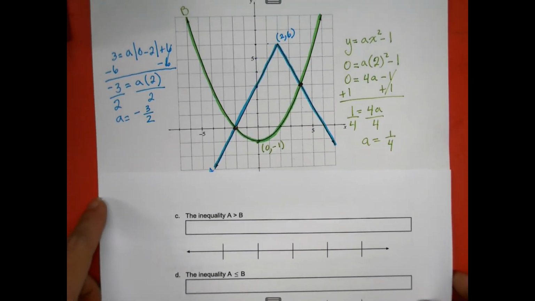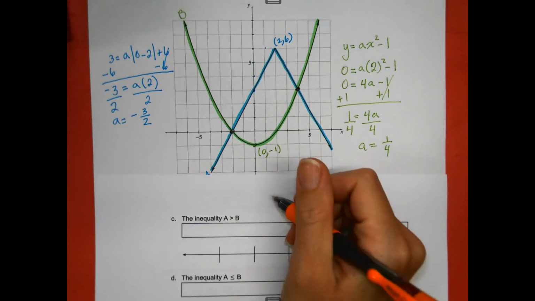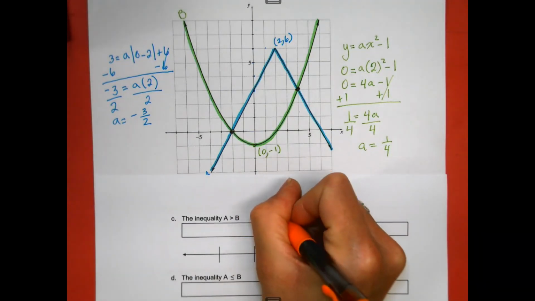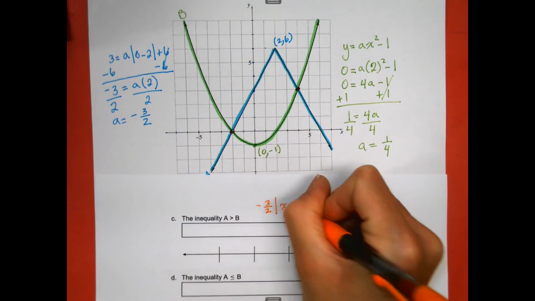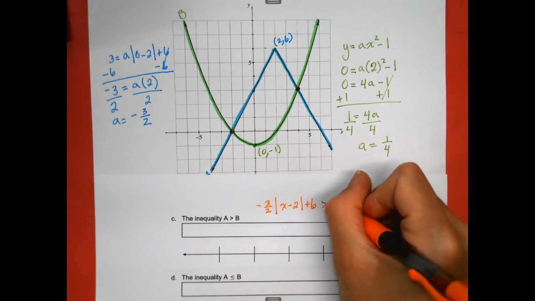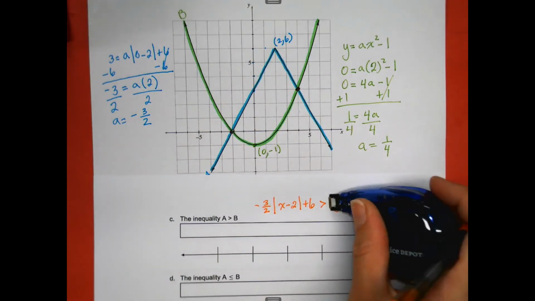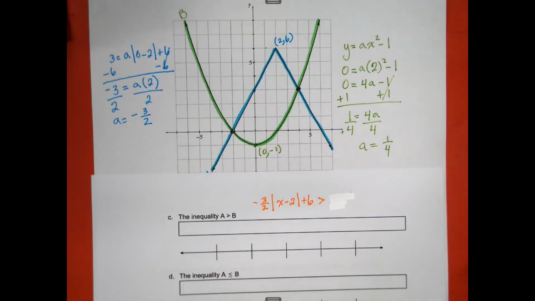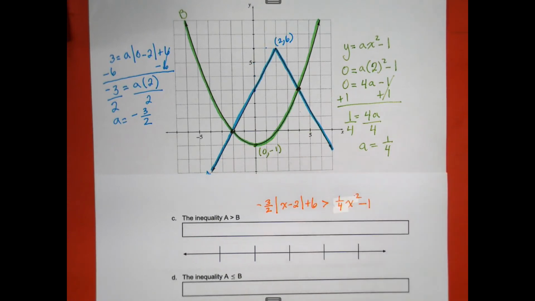Part C, we want to find the inequality a is greater than b. Or in other words, we want to find where -3/2 absolute value of x minus 2 plus 6 is greater than 1/4 x squared minus 1.